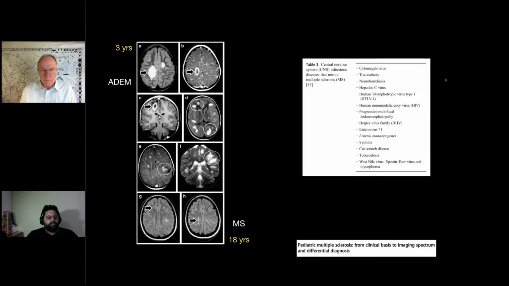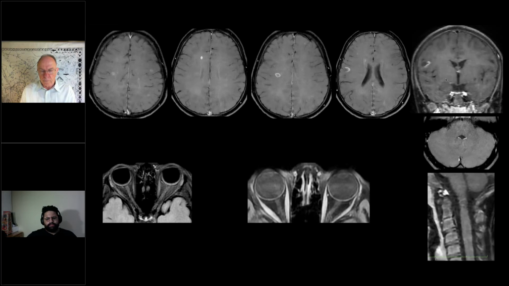I had a query. When we say MS, we say dissemination in space and time, right? Yes. Space we have, because we have bilateral lesions, and time also we have, because we have some contrast enhancing lesions and some lesions that are not enhancing. So does a single MRI let you confirm or refute a diagnosis of MS?